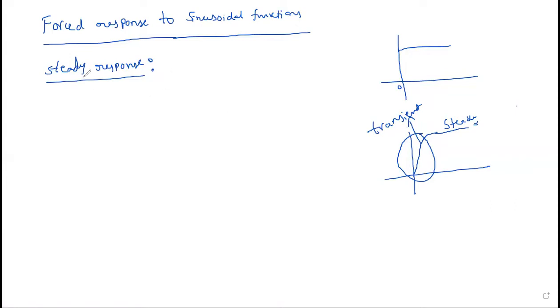So this is what is meant by steady state. To find this steady state, we should understand the behavior of the system response. Then at t equal to infinity, I mean at the final value, what is the response value? That is nothing but the steady state value.